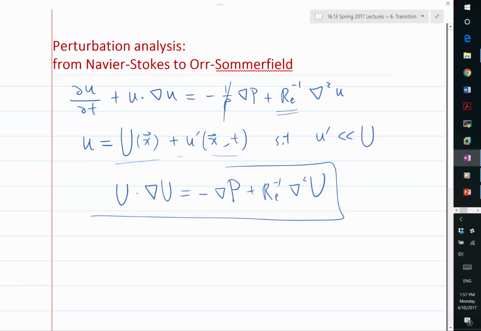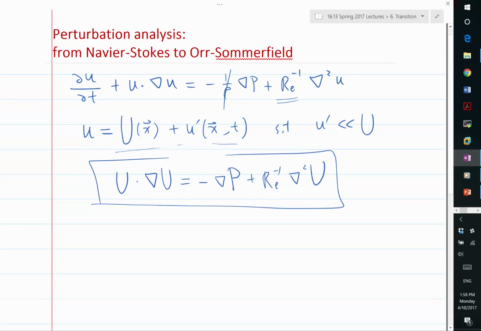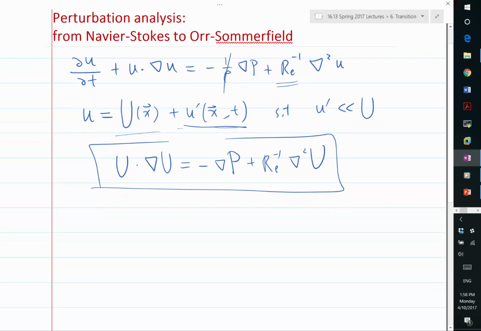So the base flow satisfies the steady state Navier Stokes, which we already analyzed a lot in our laminar, in our thin layer approximation, right? So this is the U that we use the thin layer approximation and everything for, because it satisfies the steady state equation. And what is new is the governing equation for this small u prime.